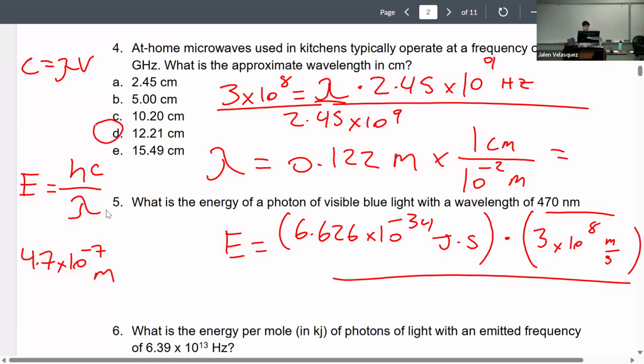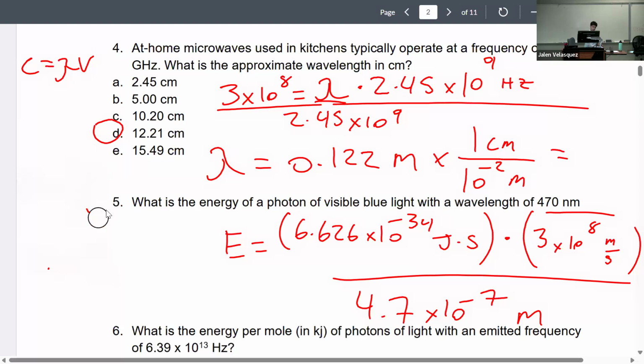And you divide that by your wavelength, 4.7 times 10 to the negative 7 meters. So what do we get for the energy here?